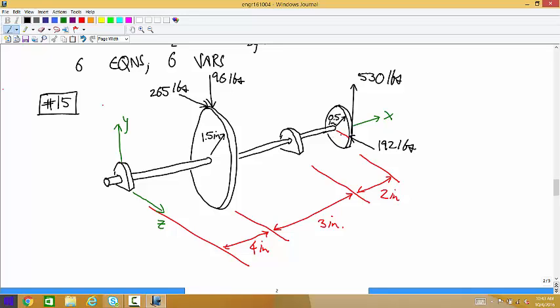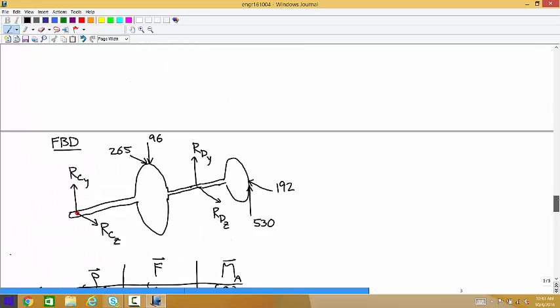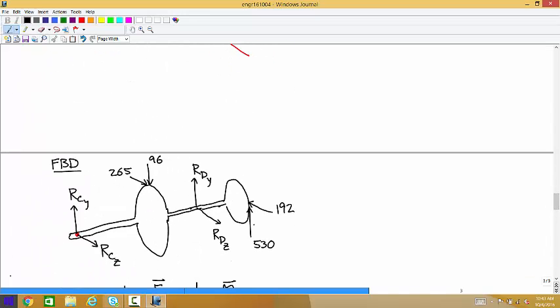There's no y. The z position is 0.5 in the positive z. So 9, 0, 0.5. And the forces are 530 in the positive y, 192 in the negative z.